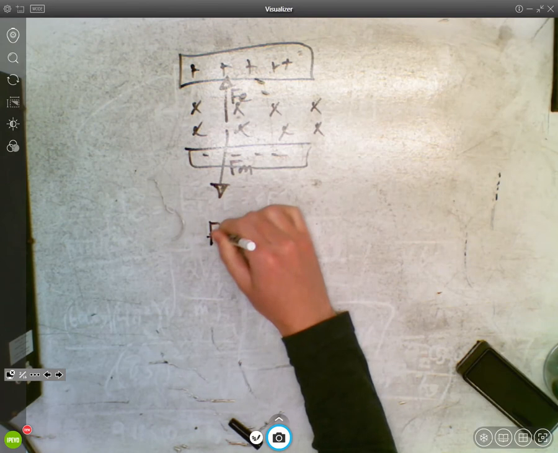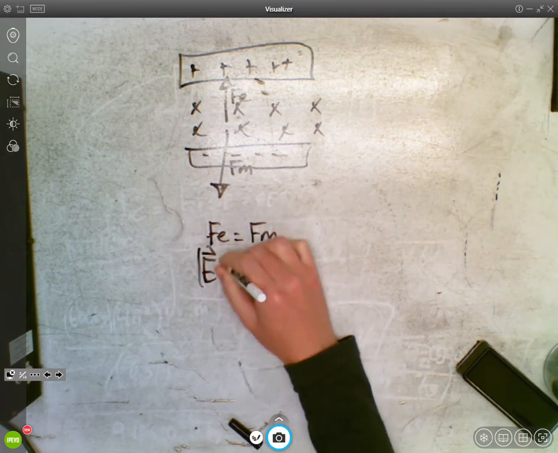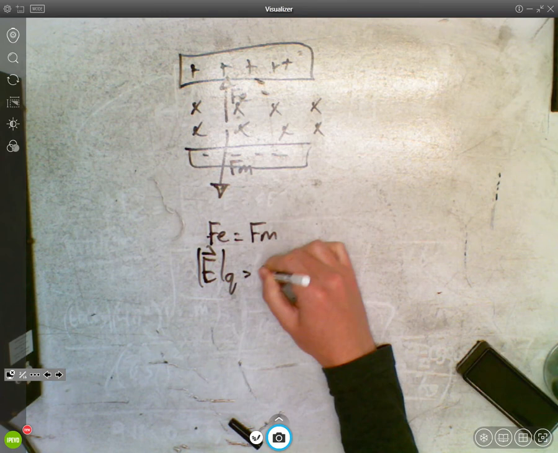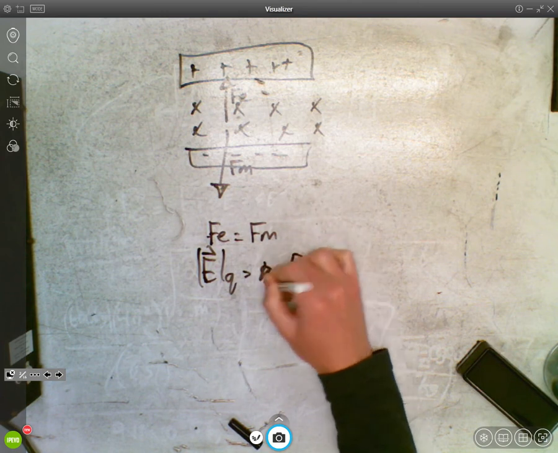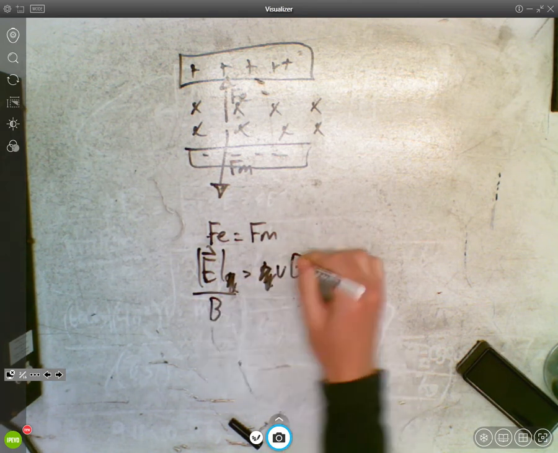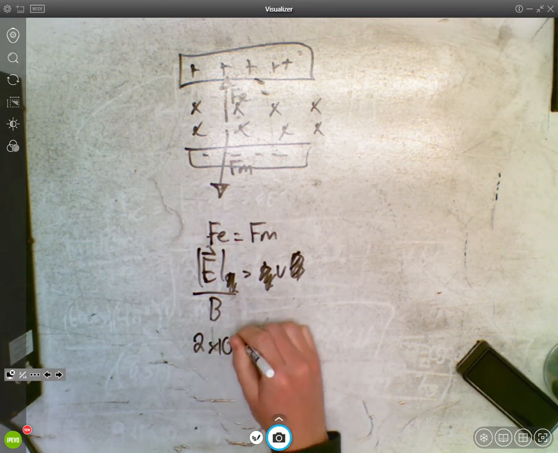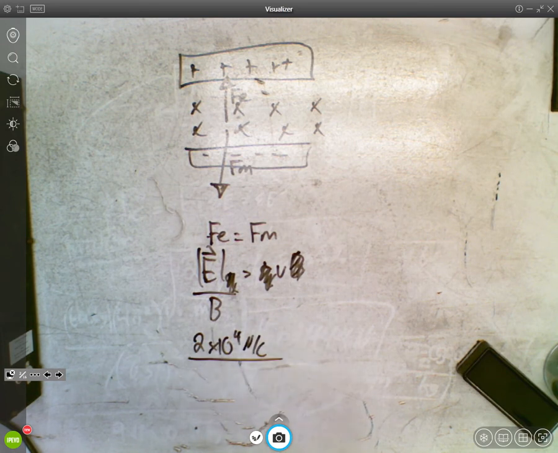So we get our Fe to equal our Fm. Fe is electric field times charge, and Fm is equal to QVB. Our charge always cancels out there, so the speed is electric field divided by magnetic field. Our electric field is 2 times 10 to the 4 newtons per coulomb, and our magnetic field is 1 times 10 to the negative 2 teslas.